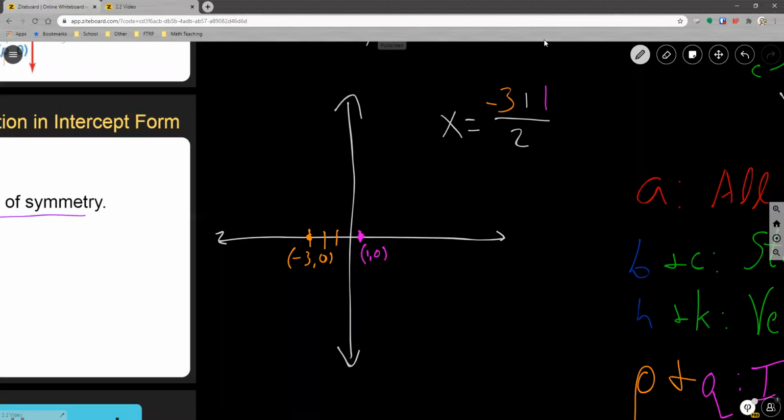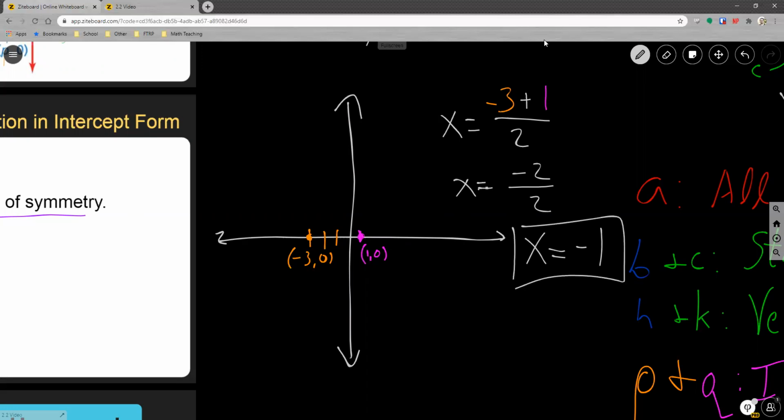I add them together. I get x equals -2 divided by 2. So x equals -1. So there's my axis of symmetry. And that makes sense. If I count between these two values, -3 to +1, that's 1, 2, 3, 4 units, right? Well, that means the middle point of it is going to be 2 units across, which would be at -1.